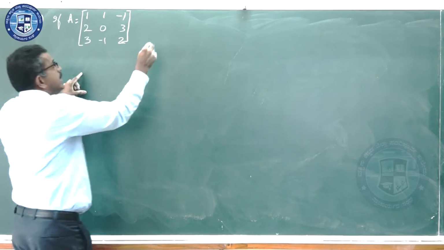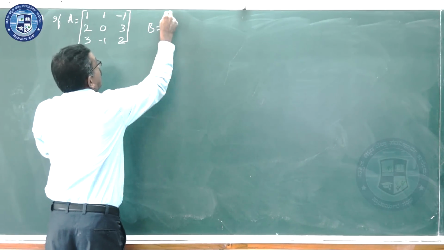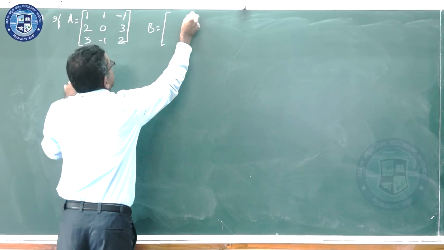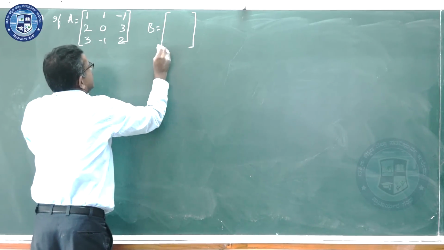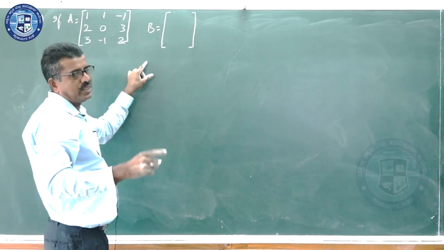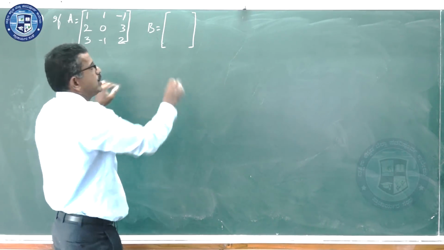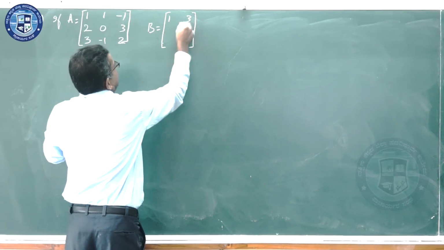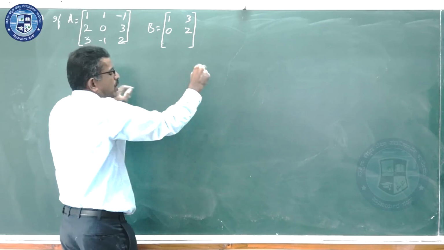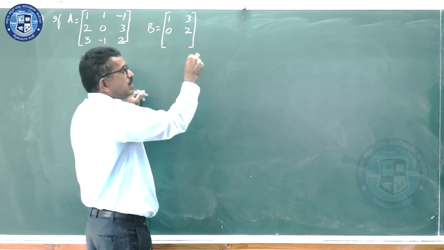And let me take another matrix B of order 3 cross 2. You understand the condition for matrix multiplication. B has rows 1, 3; 0, 2; and the third row minus 1, 4.